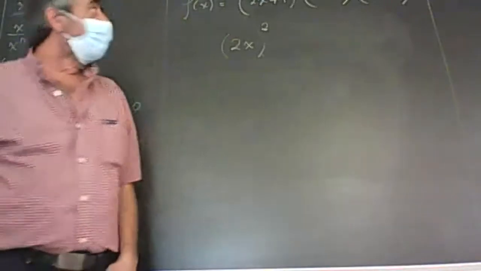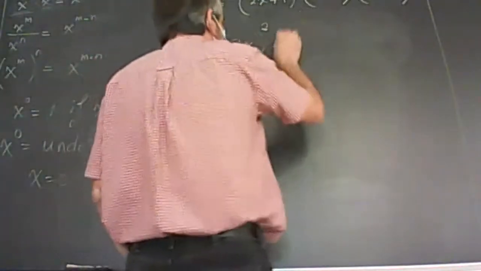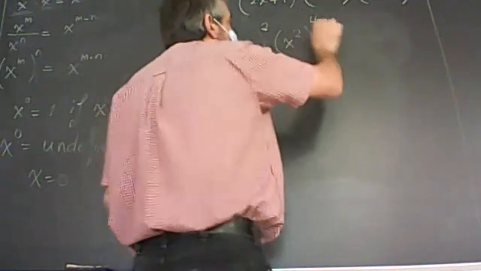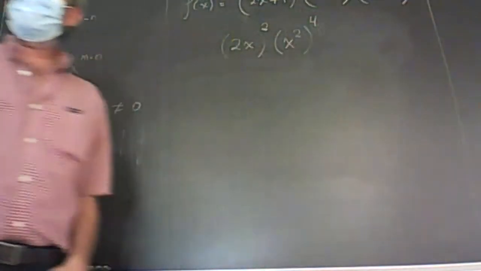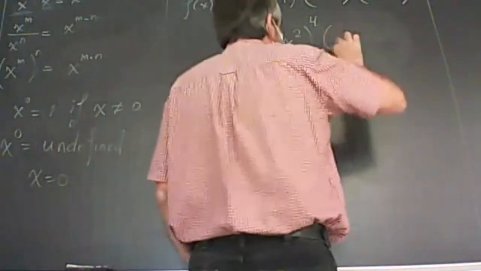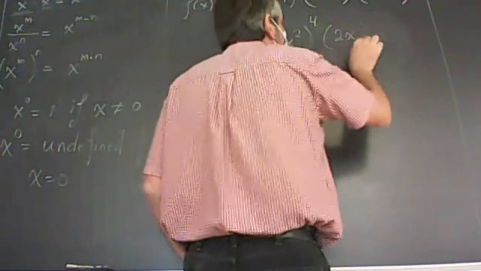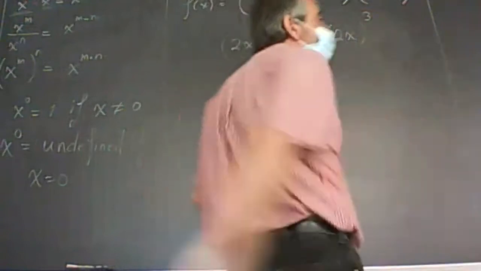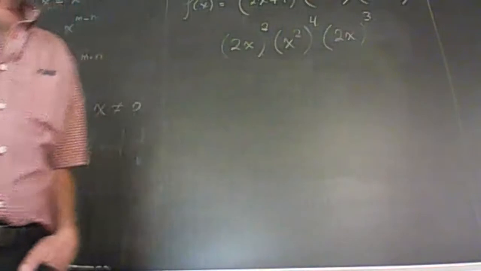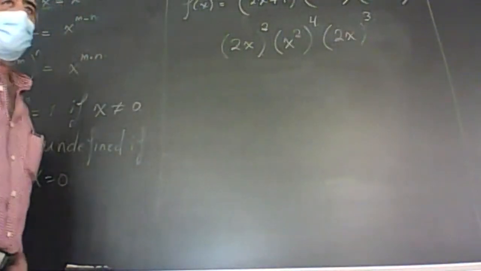For the second part, we have x squared, and we also have an exponent of 4 outside. And in the third one, we also have 2x, but we have an exponent of 3 outside. So far, so good. Now let's evaluate.